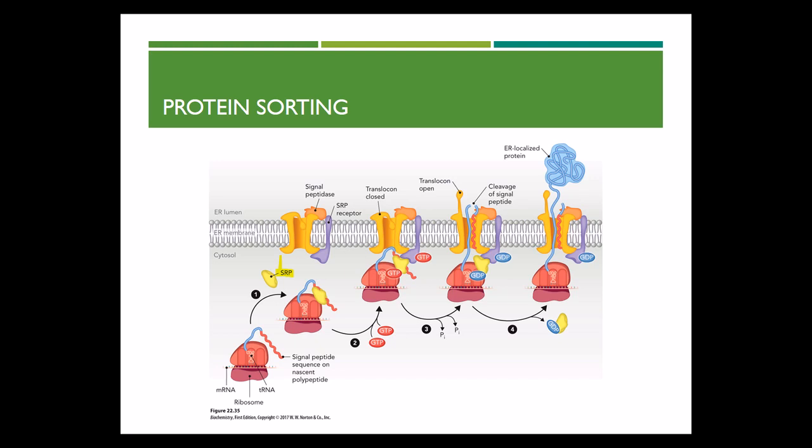SRP binding halts protein synthesis and directs the complex to the endoplasmic reticulum. The SRP receptor, which is an integral membrane protein with GTPase activity, binds to the SRP ribosome complex.